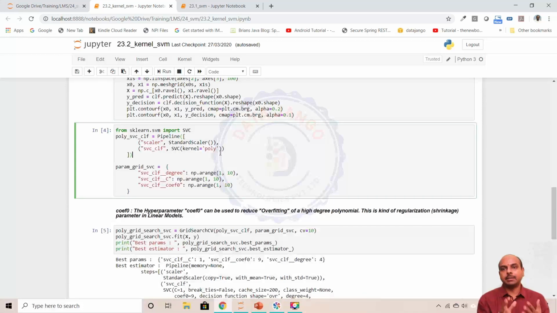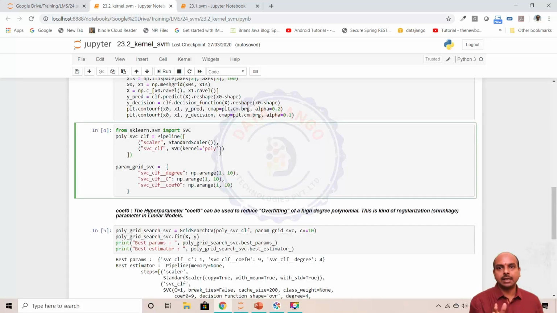The advantage of taking the polynomial kernel is, even if you raise it to a 100-degree polynomial, it is going to create an m by m dataset only. The problem with polynomial features in linear regression, logistic regression, or linear SVC is that the dataset dimensionality rises too much. That (n+d)! by n! d! number of features it will create, right? But when you apply the polynomial kernel in kernel SVM, it is not going to raise the dataset dimensionality.